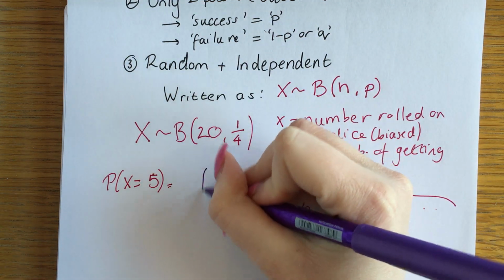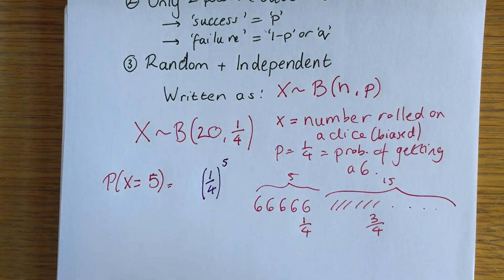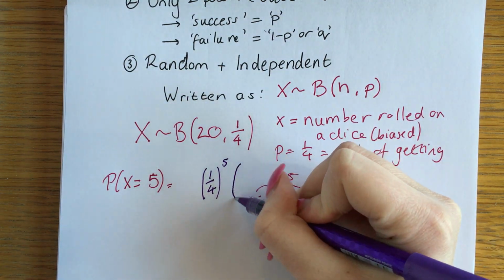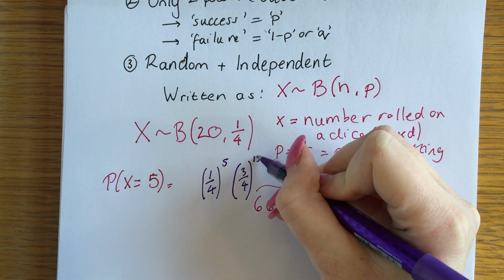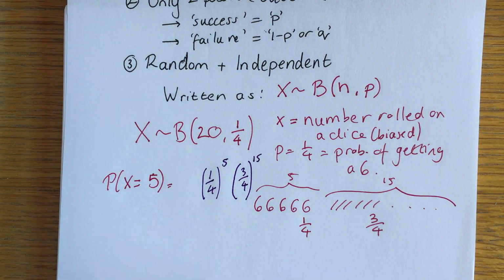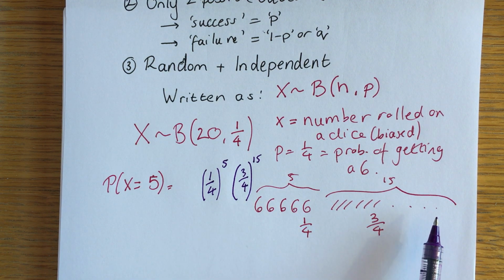So if I'm getting 5 6s, then I'm doing 1/4 to the power of 5. And if I'm getting 15 of anything else, then I'm doing 3/4 to the power of 15. Now, I've assumed that I'm getting 5 6s in the first 5 rolls and then 15 not 6s.